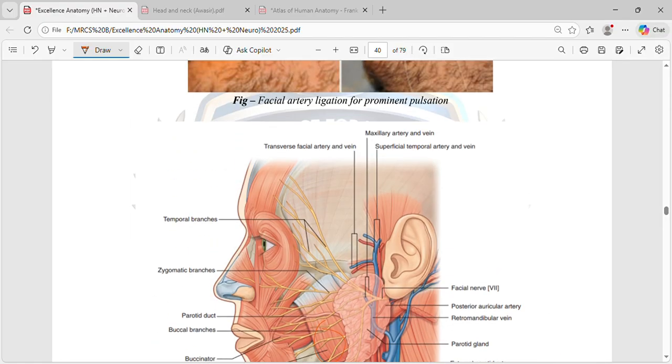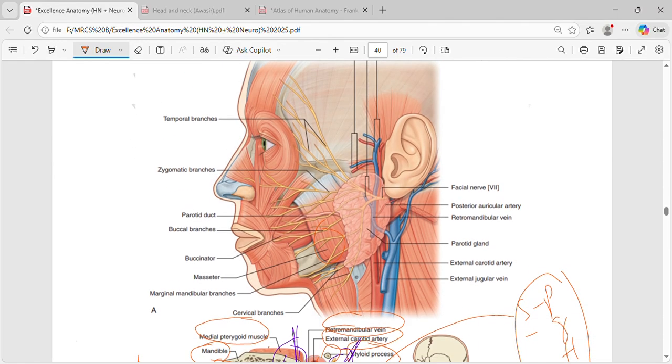Here you can see this is formed by the superficial temporal artery and vein and the maxillary artery and vein. These combine to form the retromandibular vein, and it has two divisions, the anterior division and the posterior division. The anterior division joins the facial vein, which forms the common facial vein.